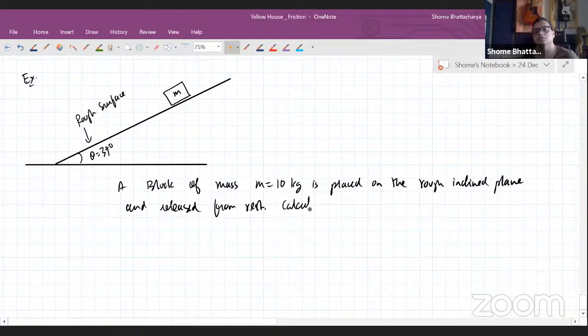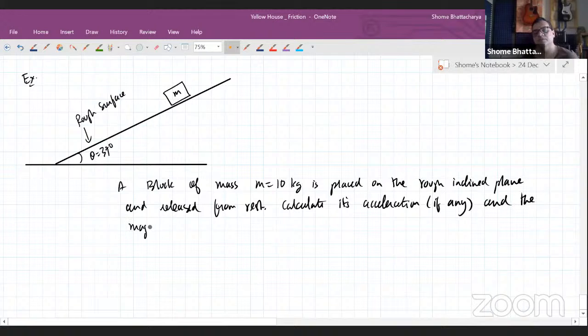Calculate its acceleration, if any, and the magnitude of friction acting on it.